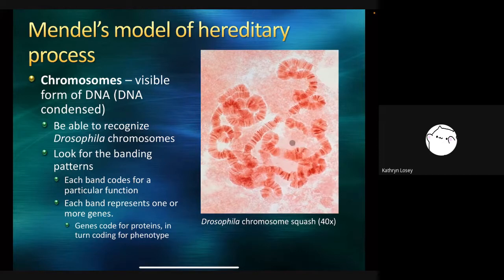Look for the banding patterns, and you can see all those darker lines filled in by a bit of lighter. Each band codes for a particular function, and each band represents one or more genes. Genes are what code for proteins, which in turn code for your phenotype.